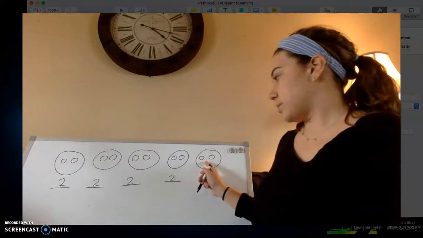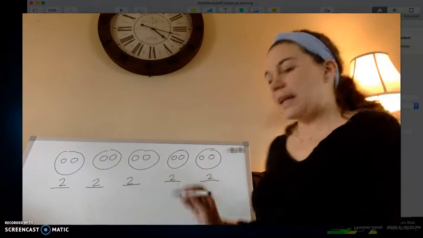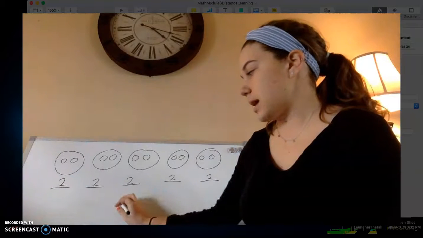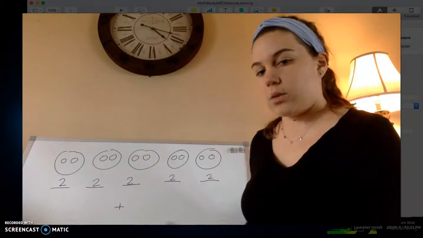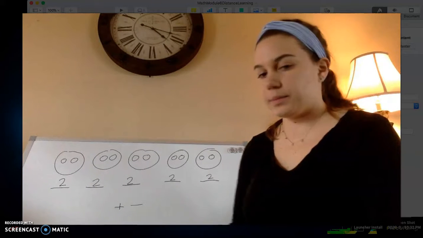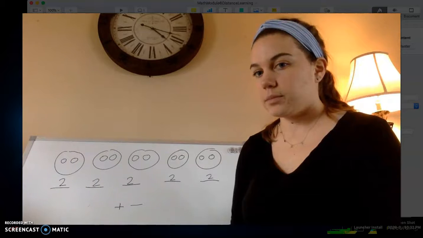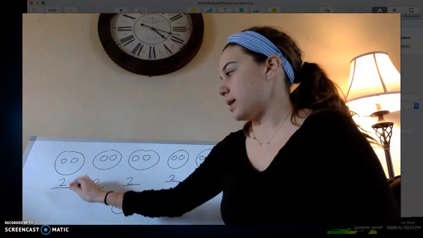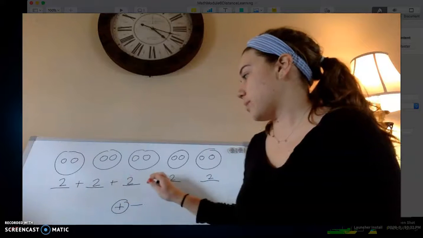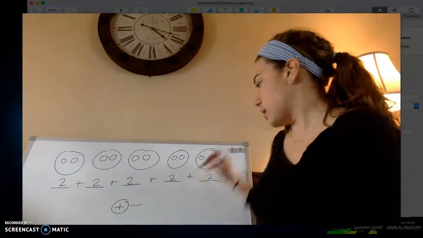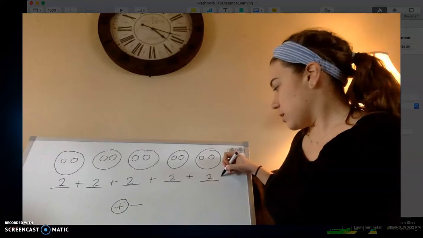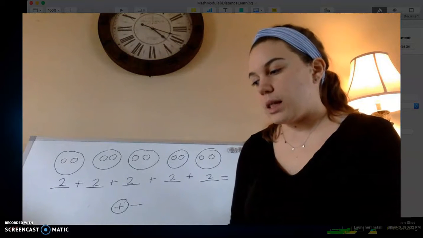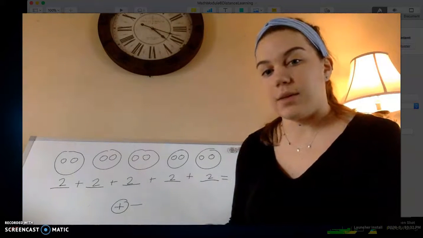How many in this group? Good, 2. Now when we do addition, do we use our plus sign or our minus sign? Good, we use our plus sign. So we're going to add our plus sign in between each of these numbers. And what goes at the end? Good, our equal sign.